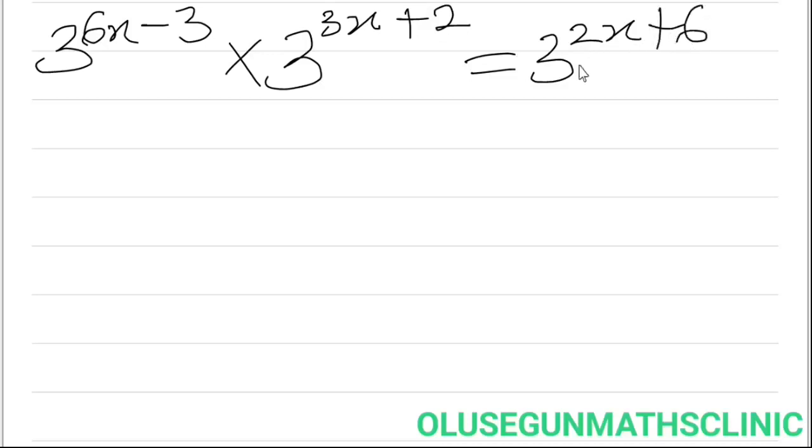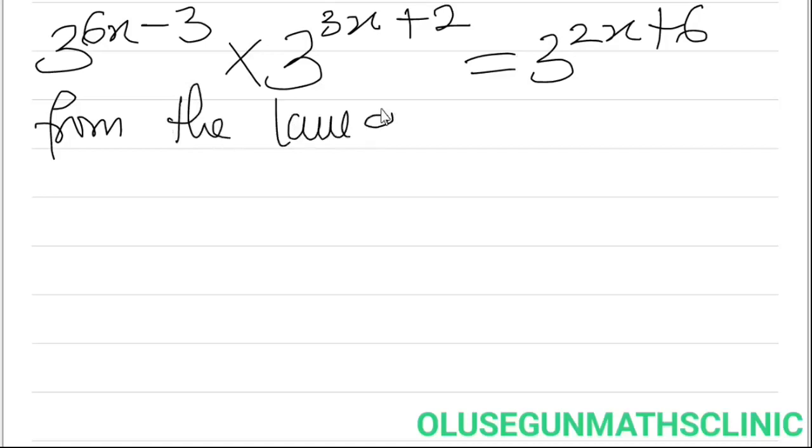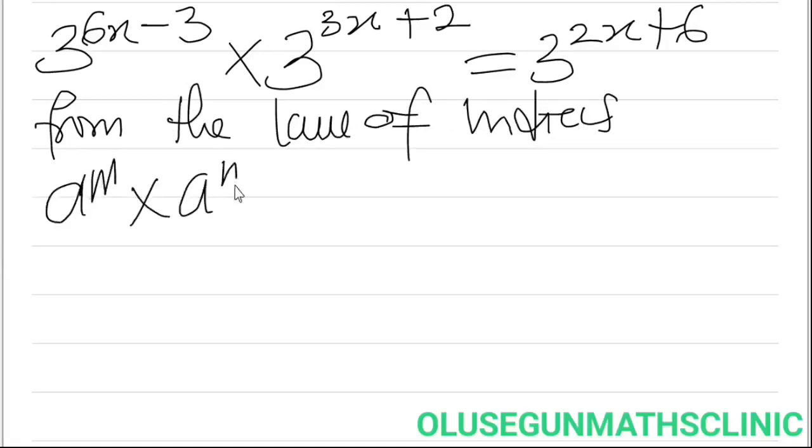From the laws of indices, a raised to power m times a raised to power n can be written as a raised to power m plus n.